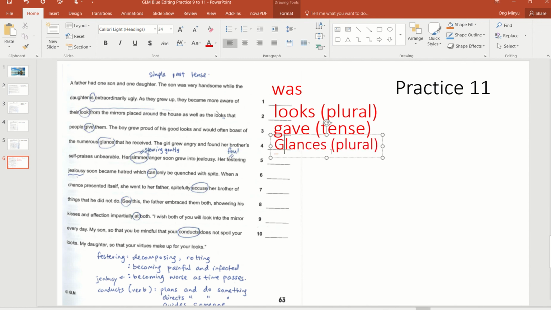Okay, it should be small g, not a proper noun, because it is a common noun, glances.